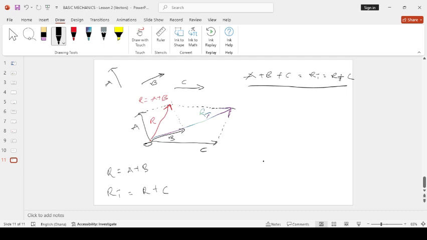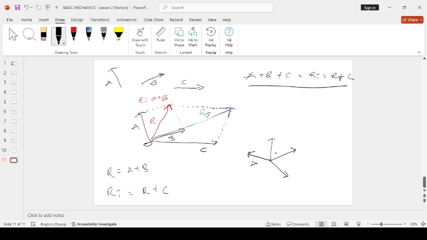So if we are having 4 vectors acting, let's see, one here, another one here, another one here, and another one here.